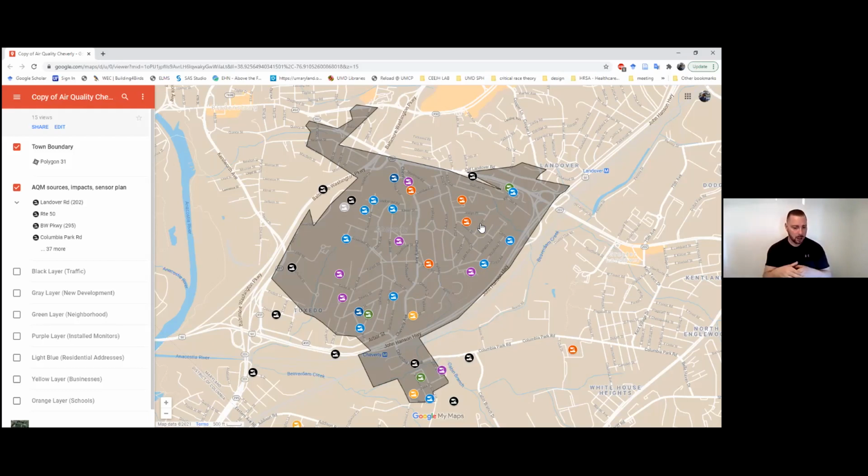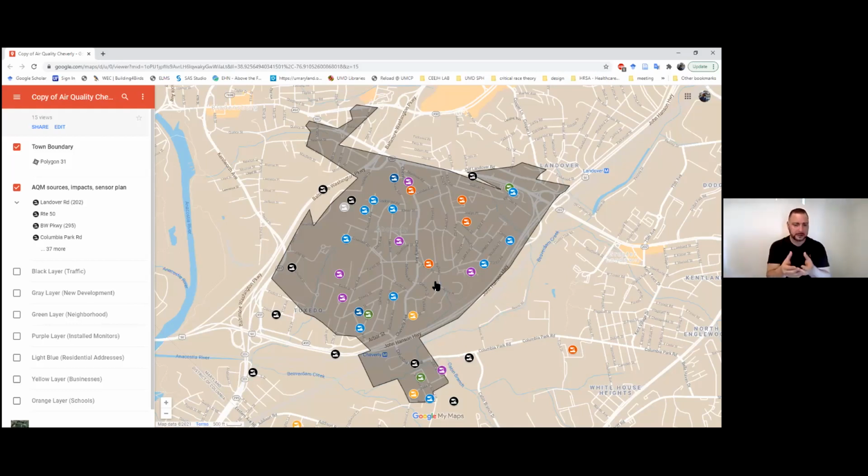So just like Dr. Wilson was saying, food, faith, family, jobs, parks, places where people will be breathing the same air is important to monitor, just as important as having individual monitoring at residences and at businesses. So when we're looking at this air quality monitoring plan, we're looking at it holistically.